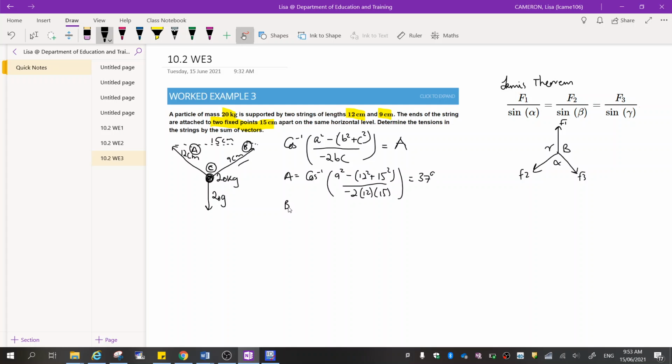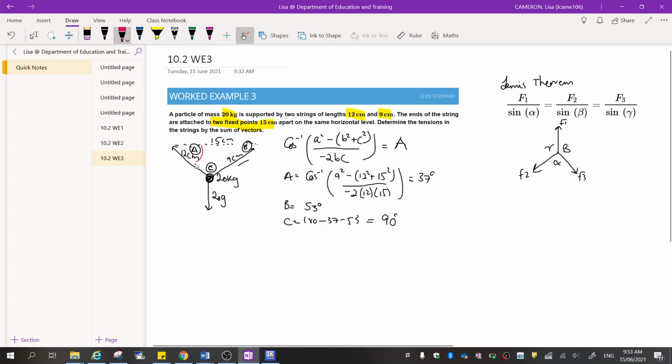Now, I'm not going to show you how to reconstruct all of them. So this little one in here, you'll get an angle of 53 degrees. And for the last one, I can do 180 minus 37 minus 53, or I could apply the formula again, it doesn't make any difference. And that's going to be 90 degrees. Now, the reason why I want to find all of these three angles is so that I can apply it on our diagram below.